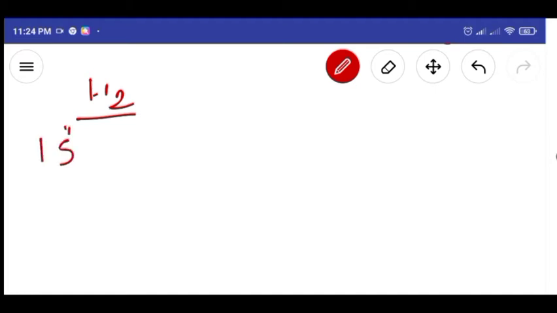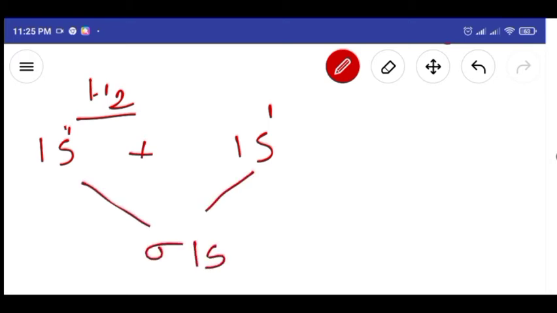One hydrogen has 1s1, another hydrogen has 1s1. Both combine to give sigma 1s. One electron from each fills in, so 2 electrons are there, giving sigma 1s2. So hydrogen has sigma 1s2.